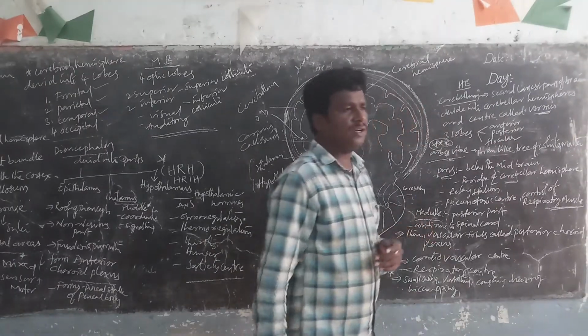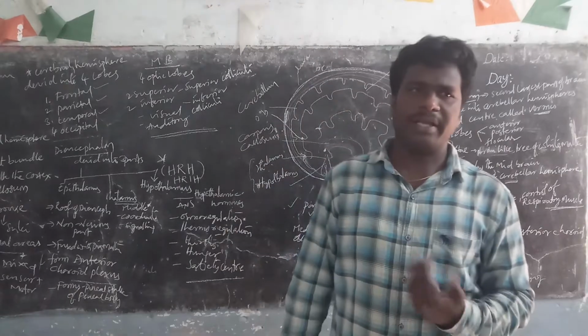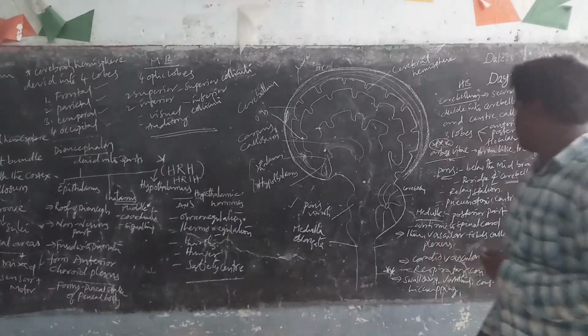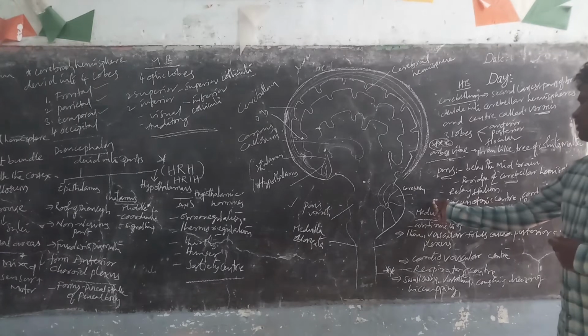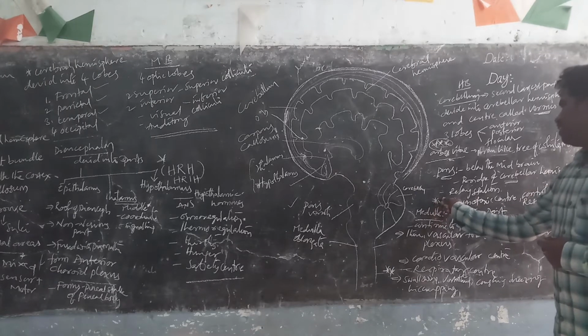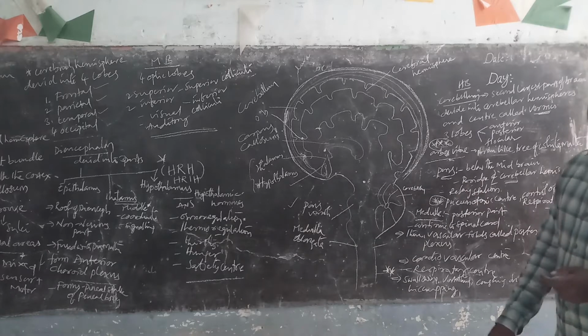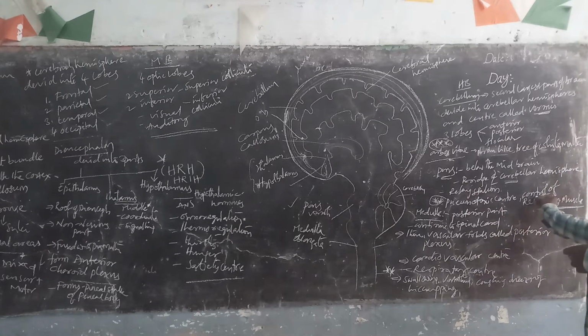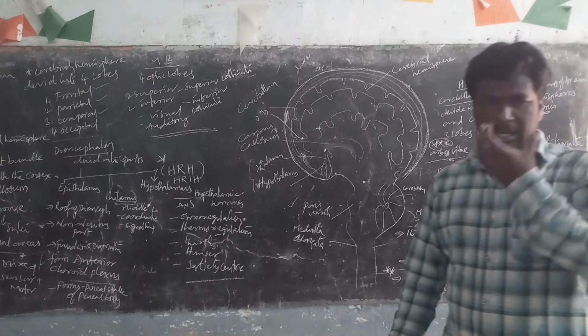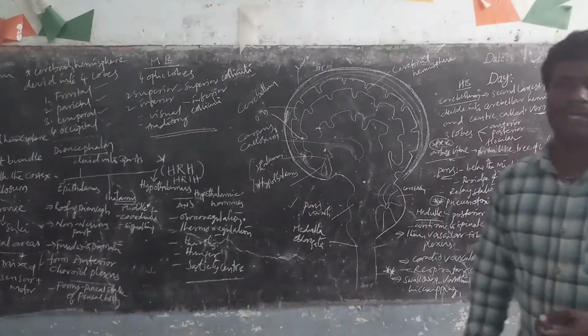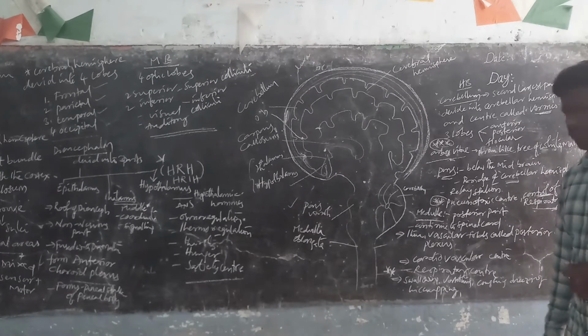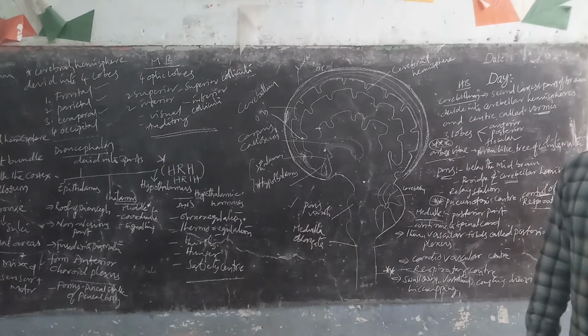It is a relay station. These are essential for the pneumotaxic center, which is very important. It regulates the control of the respiratory muscles and the rate of respiration, done by the pons. Okay, so this is called the relay station.